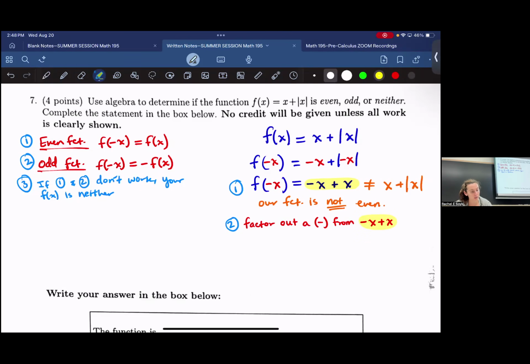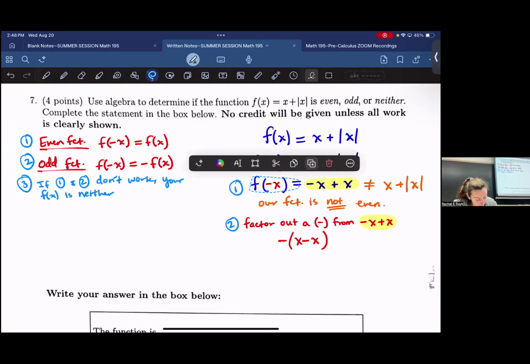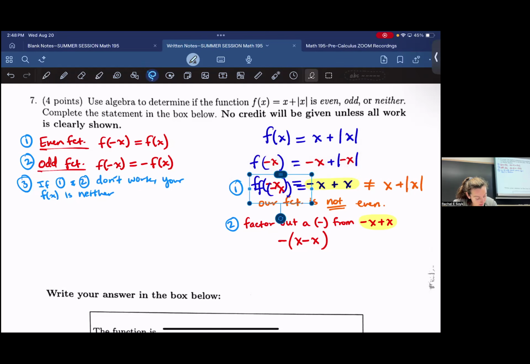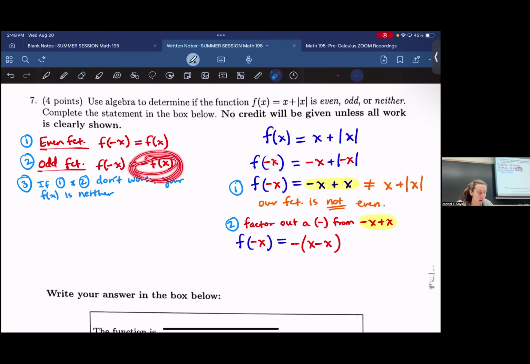And so when we do, we end up with negative, in parentheses, x minus x. And again, this is the same as our f of negative x. It's just we manipulated it a little bit. The reason why I factored out that negative is we want to compare it to our definition of an odd function.